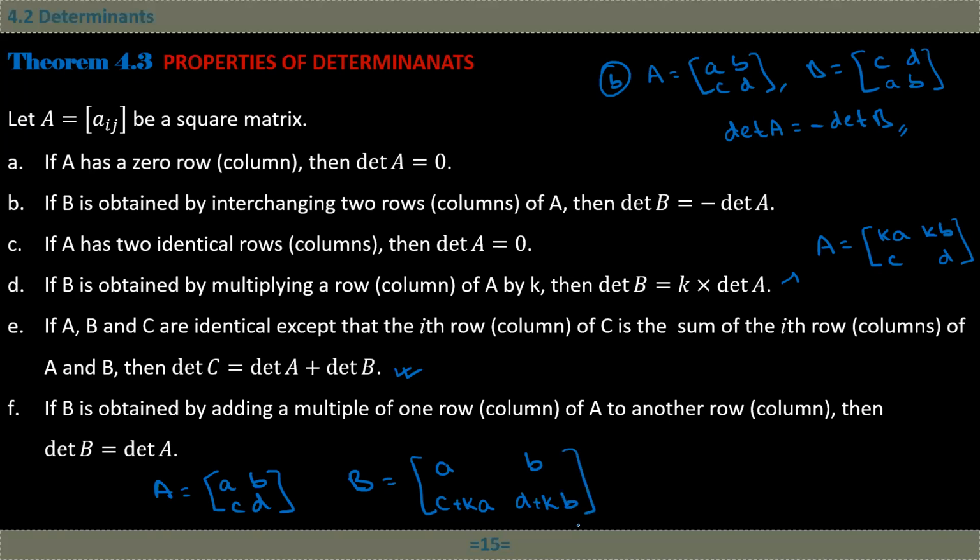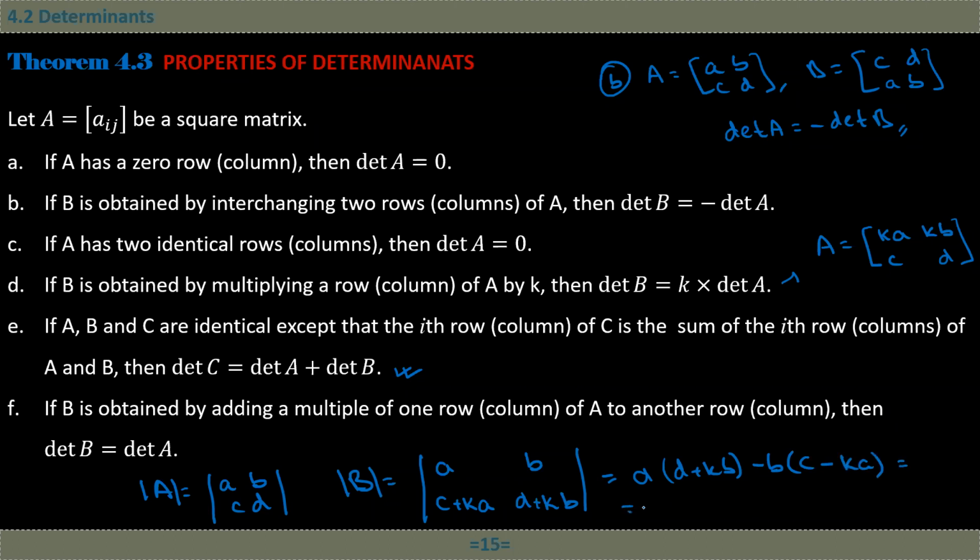Now let me write the determinants. We know this determinant is AD minus BC. How about this one? That's equal to A times D plus KB, minus B times C plus KA.